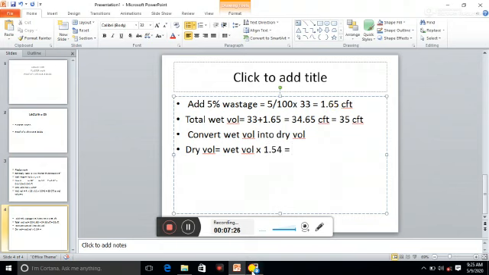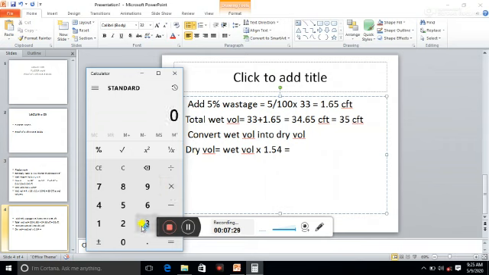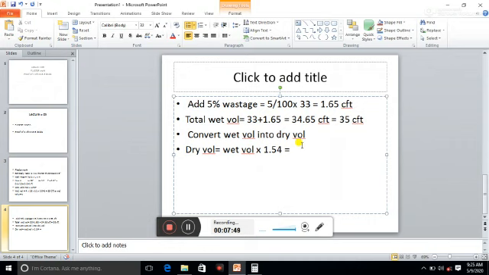The wet volume is 34, means 35, multiplied by 1.54 gives 53.9, means 54 cubic feet. Okay, so dry volume is 54 cubic feet.